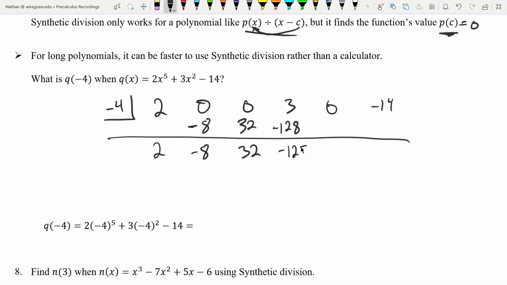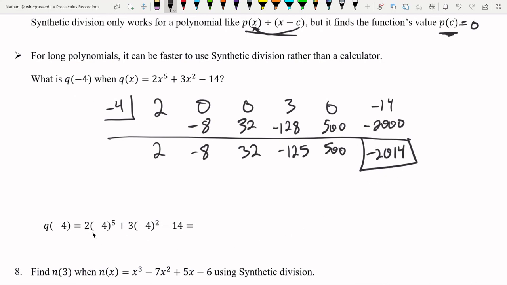Negative 125 times negative 4 is 500. Times negative 4 is negative 2000. So negative 2014. So what I've shown here is that Q of negative 4 is negative 2014.